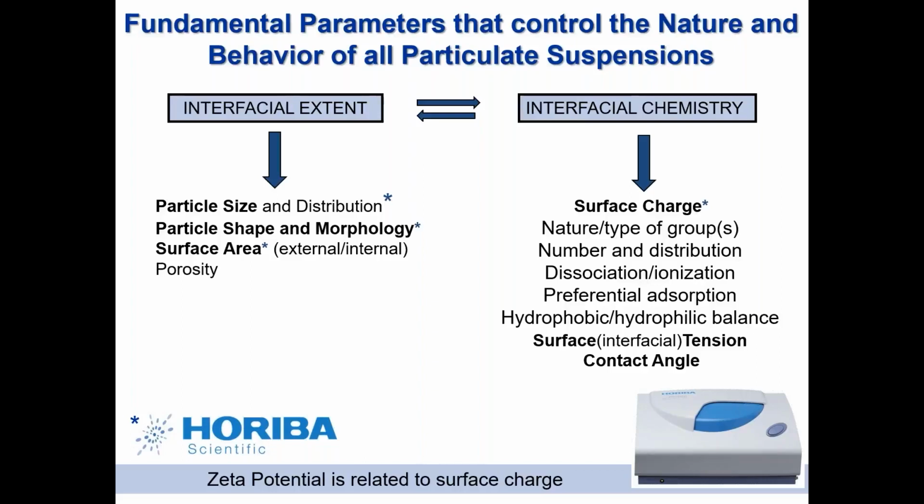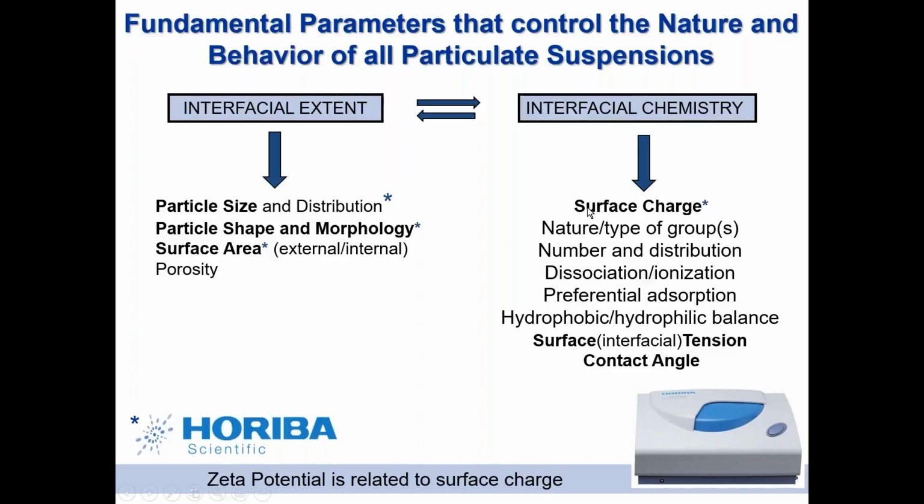The physico-mechanical characteristics that constitute the interfacial extent can be summarized as the extent of the particle-fluid interface, which is characterized by properties such as the particle size and distribution, particle shape, morphology, and surface area, whether internal or external.